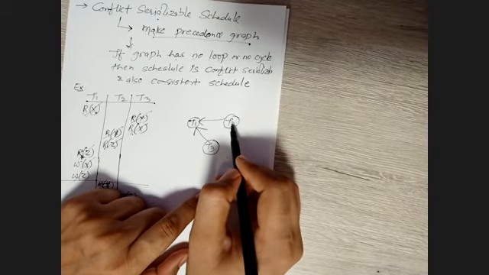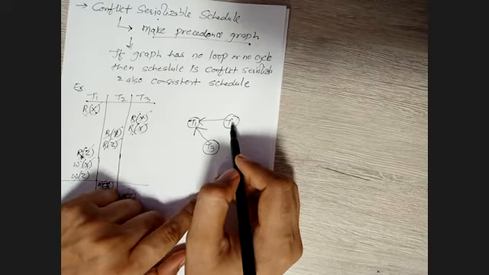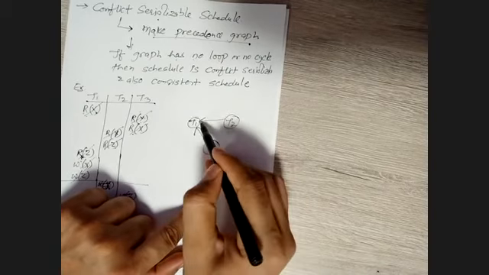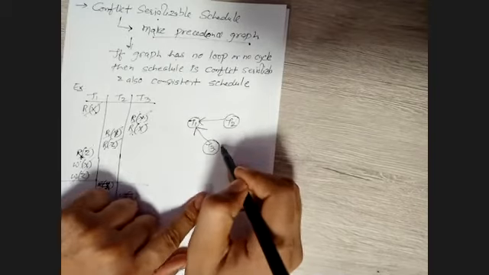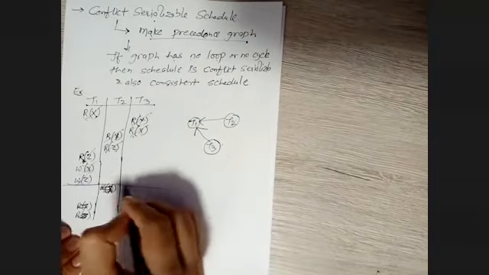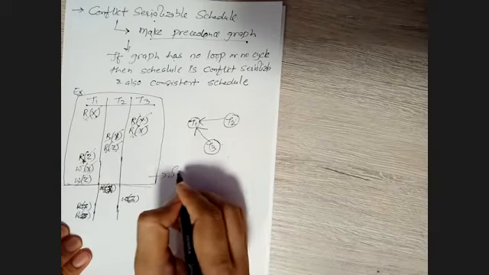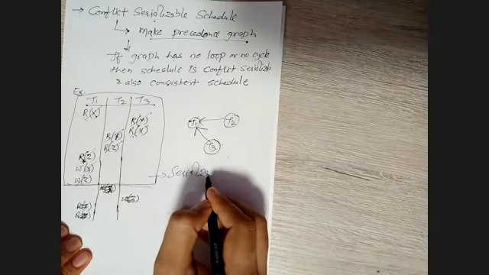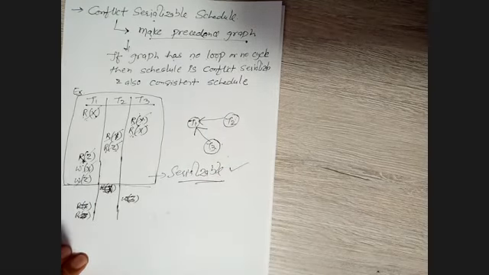If this happens, then we say there is a loop, and in that case there will be no conflict serializable schedule. Here you can see there is no such cycle existing, so in that case this set of operations is serializable.